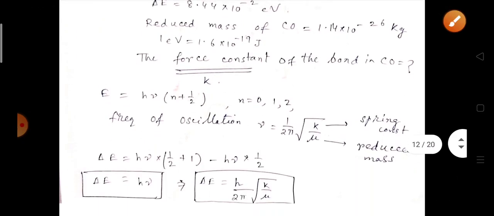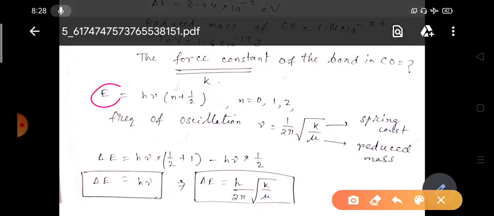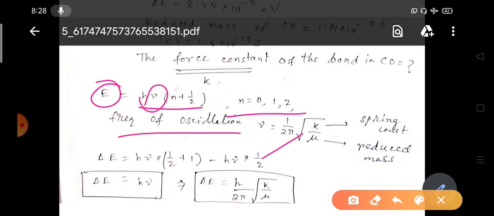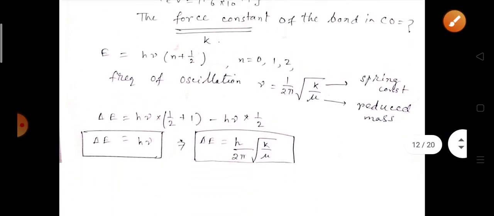So we have to apply the quantum mechanical harmonic oscillator energy, that is vibrational energy, E equals h nu into (n plus half), where n is 0, 1, 2. The frequency of oscillation nu is 1 by 2 pi root over k by mu, where k is the spring constant or force constant and mu is the reduced mass. Why are we considering this?